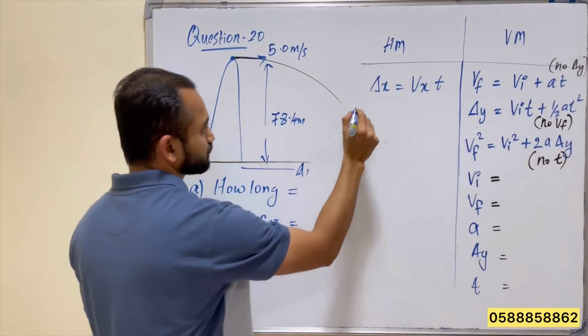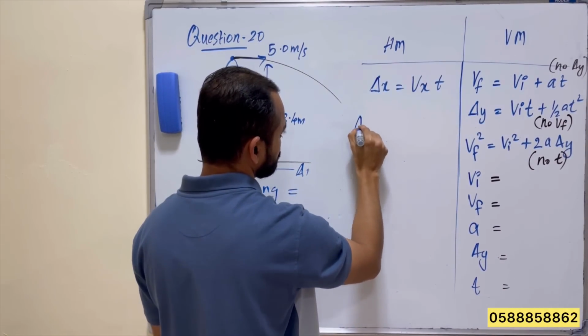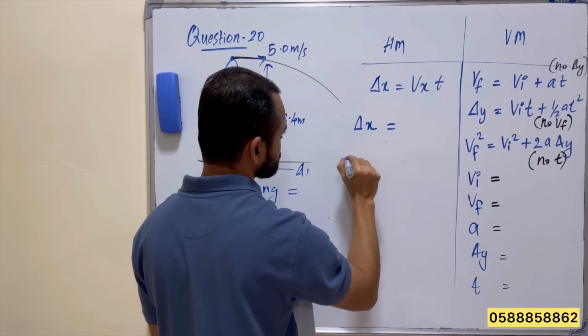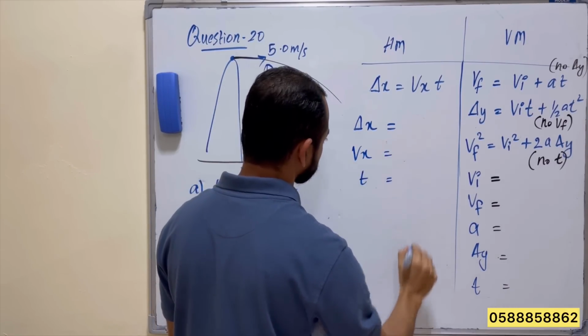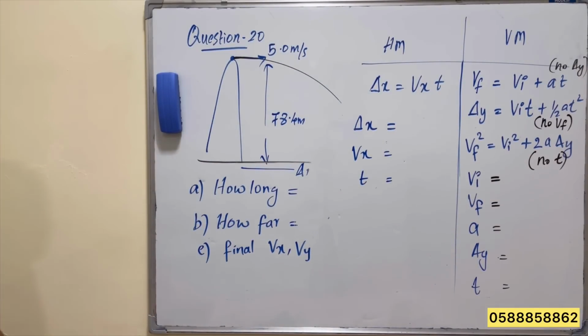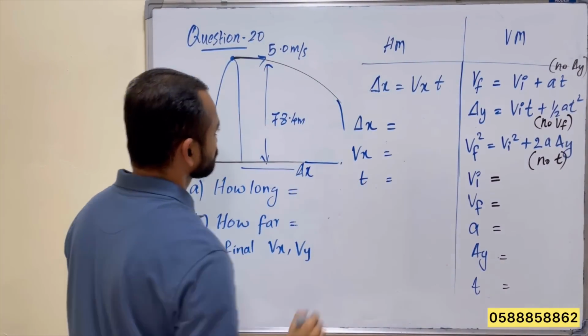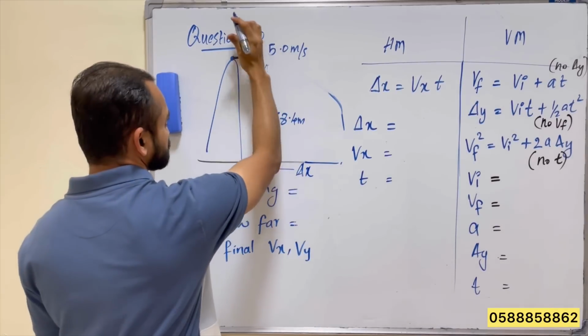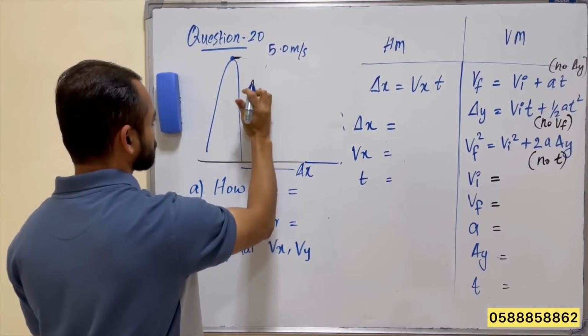Okay, so here what are the things? In the horizontal motion we have only delta x, the horizontal distance, and Vx, horizontal velocity, and time. So what is given here? Delta x is not given, right? We will just change the page because we need some space here. And the height of the cliff we will write here.